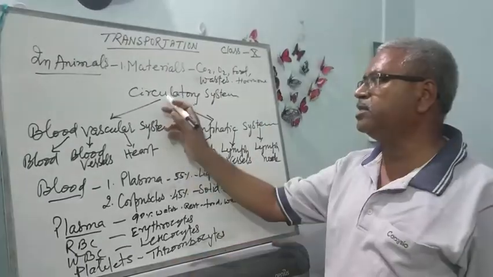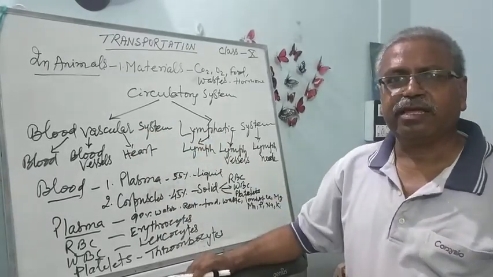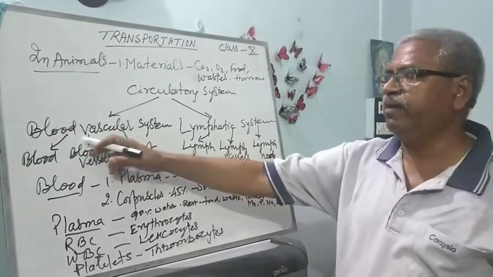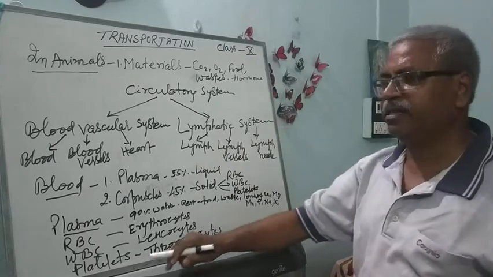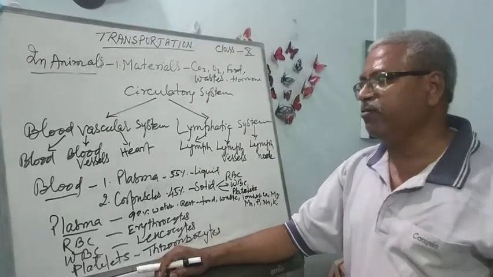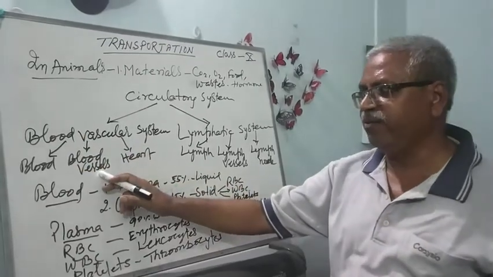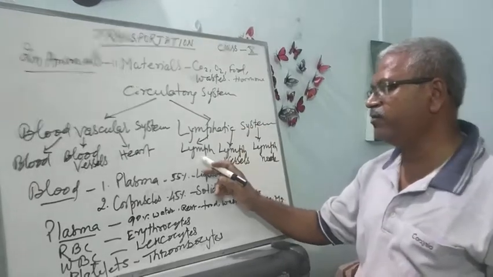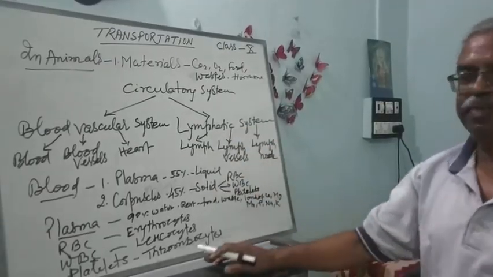This circulatory system is of two types and both operate at the same time. First is the blood vascular system and second is the lymphatic system. Blood vascular system comprises blood vessels and heart, whereas the lymphatic system consists of lymph vessels and lymph nodes.